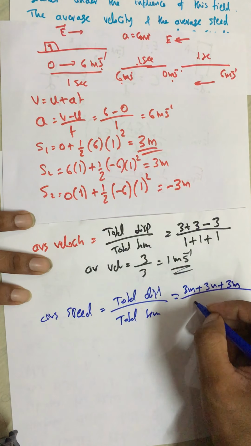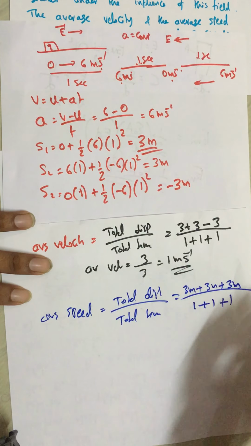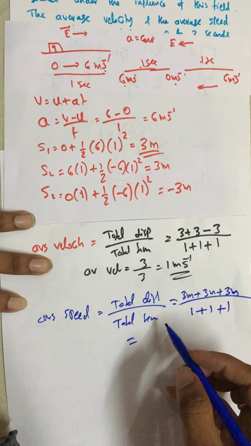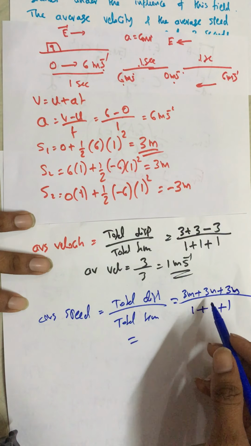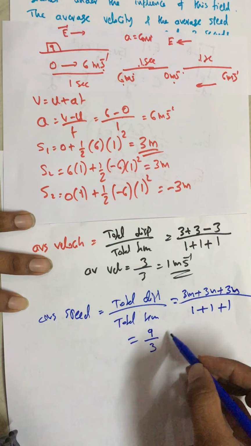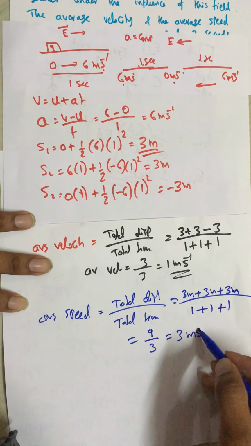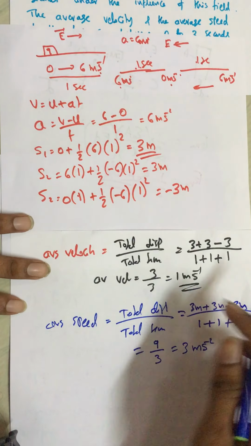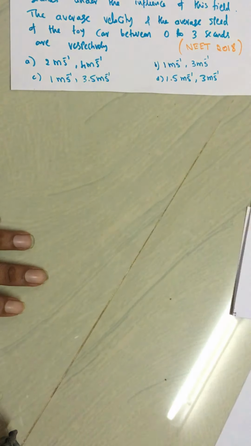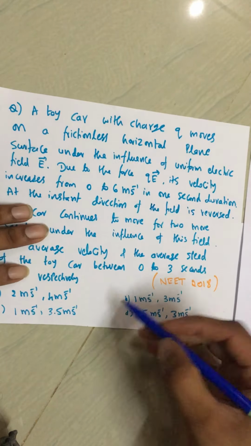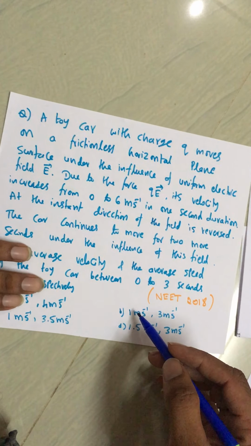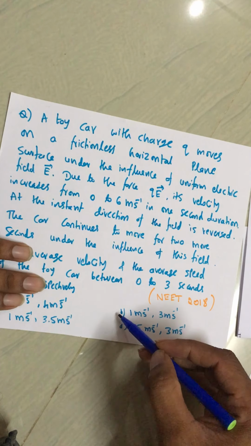Divided by total time, 1 second plus 1 second plus 1 second, so it is 9 by 3, that is 3 meter per second. So the answer is 1, 3. Here, 1 meter per second is the average velocity, and 3 meter per second is the average speed.